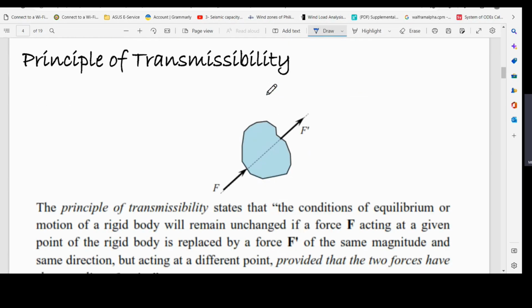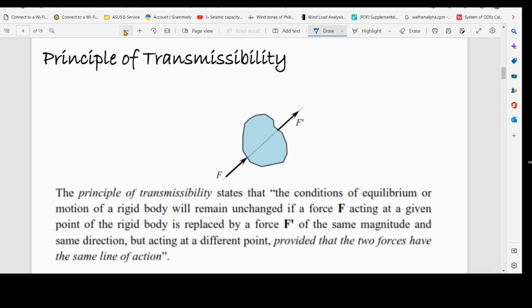Next, we also have the principle of transmissibility. The principle of transmissibility states that the conditions of equilibrium or motion of a rigid body will remain unchanged if a force F acting at a given point of the rigid body is replaced by a force F prime of the same magnitude and same direction, but acting at a different point, provided that the two forces have the same line of action.